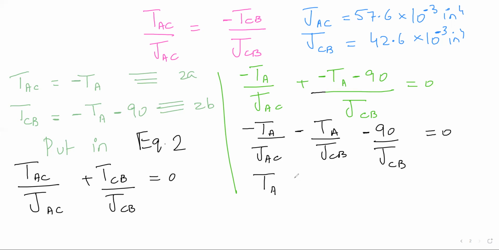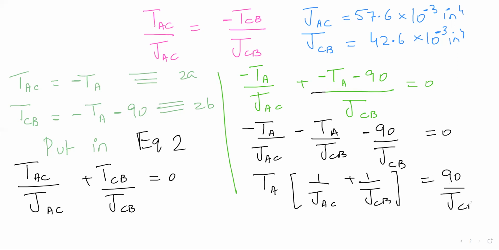So we will have TA into 1 over JAC plus 1 over JCB equal to 90 over JCB. And finally, I get TA into 1 plus JCB over JAC equal to 90. So you give me the answer of TA now.